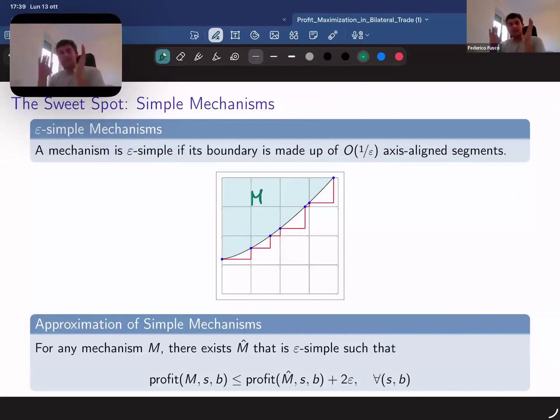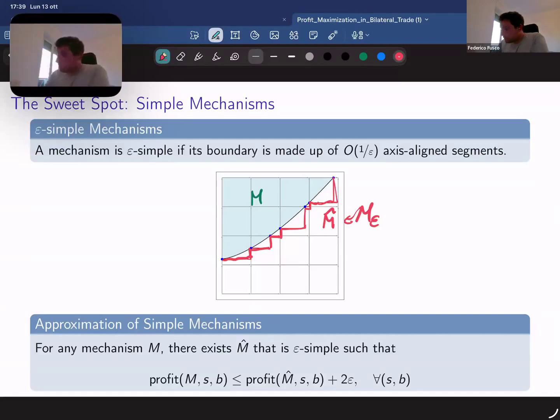If I cast an epsilon grid and then get this outer hull of the boundary that lives on this grid, something of this form, then I get something that clearly will be epsilon-simple. So I will have this M hat that is indeed epsilon-simple, because it will have, I think, 2 over epsilon corners. But on top of that, I have a good approximation result, a good discretization error.